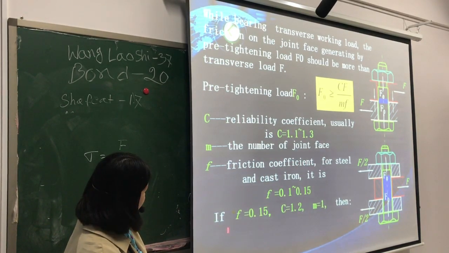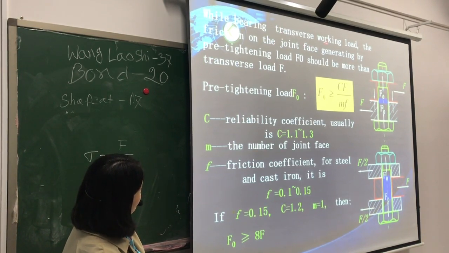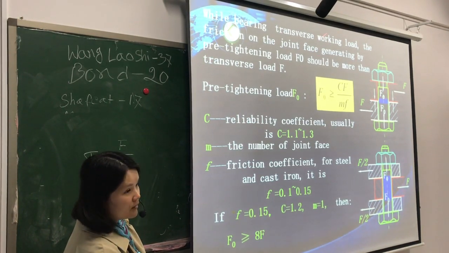And if F is 0.15 and C is 1.2, M is 1, then we can calculate F0 should be less than 8F. F is the transverse working load.